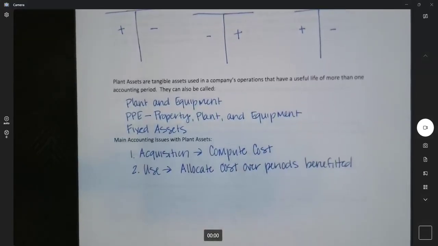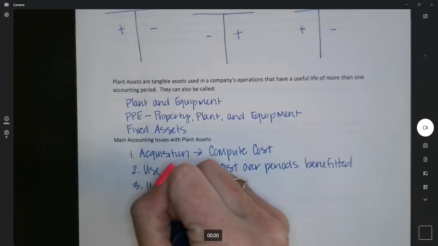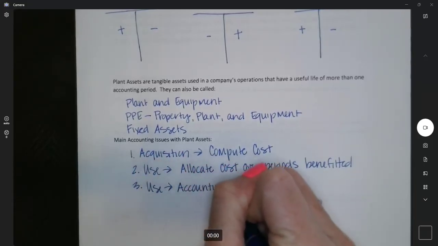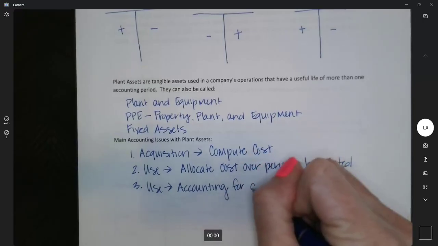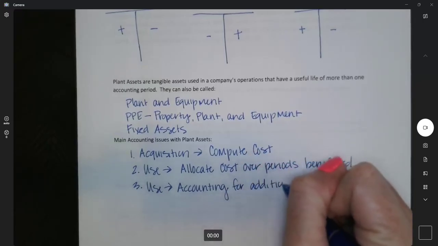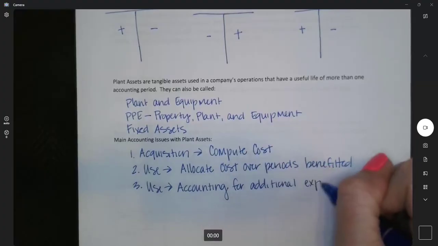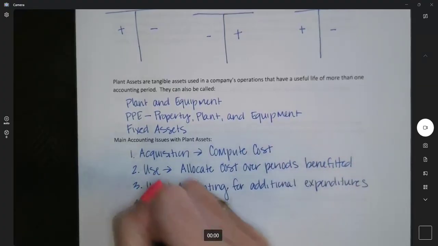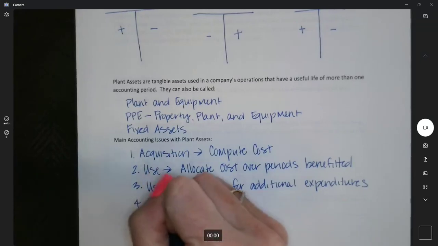The third is use, accounting for any additional expenditures. And the fourth one is disposal.